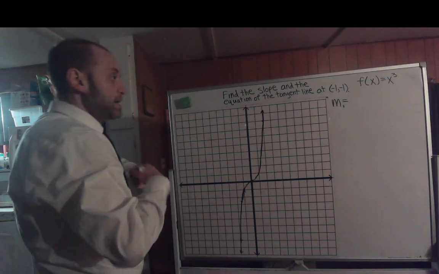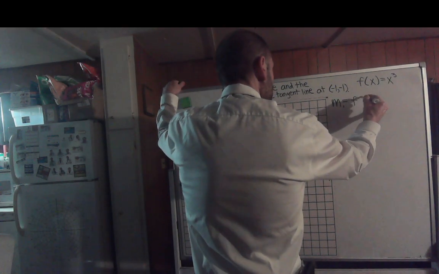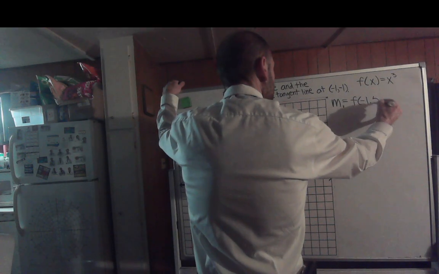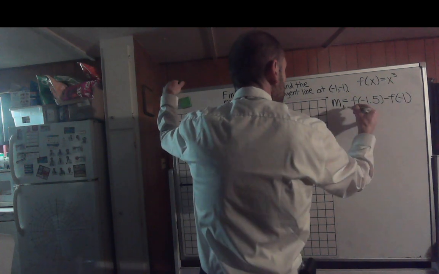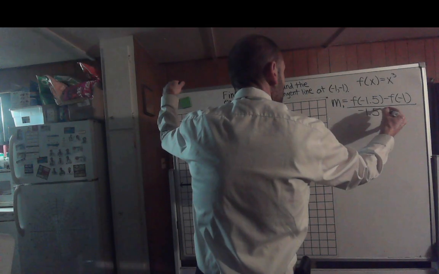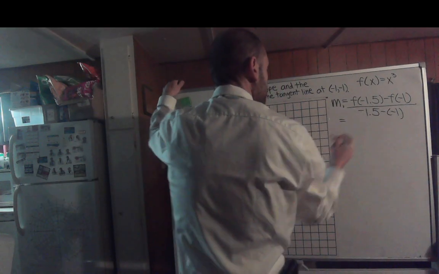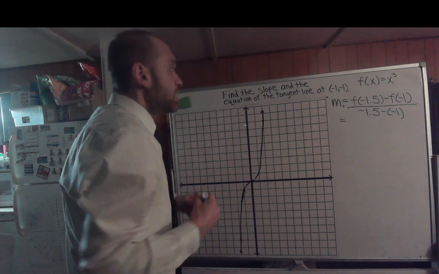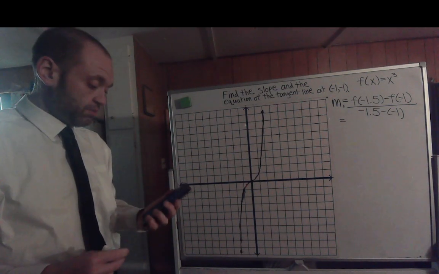So let's take f of -1.5 minus f of -1 divided by -1.5 minus -1. Well, that's going to then give me what? What is -1.5 to the third power? Let's see what we get.